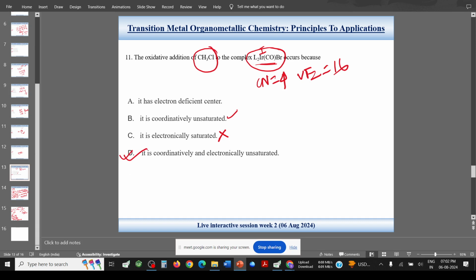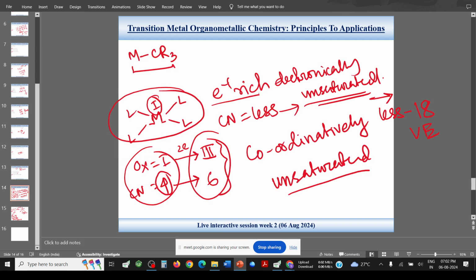Is this clear, or any other question from this oxidative addition? Yes, clear. Any other question from this oxidative addition reaction? No, sir. Okay.